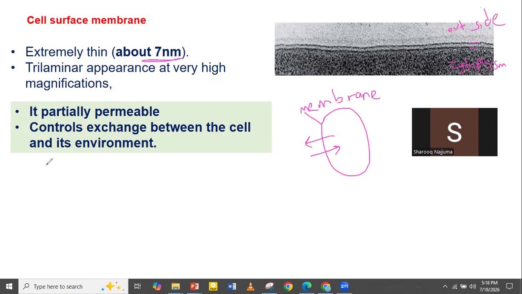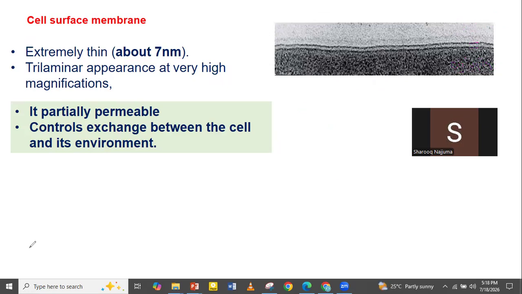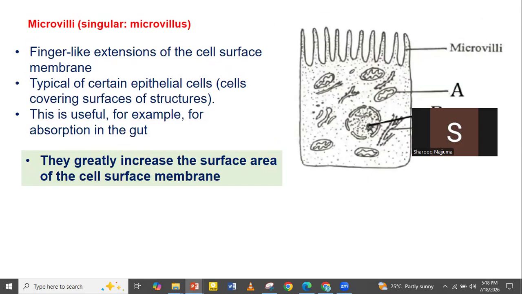We are done with the cell surface membrane. So let's go to the next organelle, which is microvilli, or microvillus if it's one. When there are many, we call them microvilli. So microvilli are finger-like extensions of the cell surface membrane. Not all cells have microvilli.